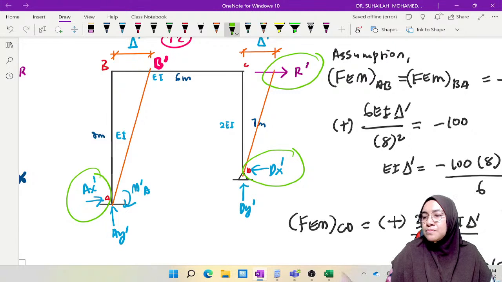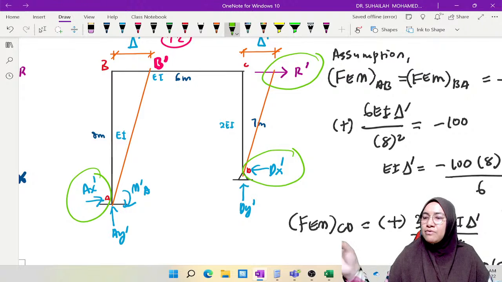So we use this diagram to be referred to, and we write the equation based on whatever we have in this diagram.